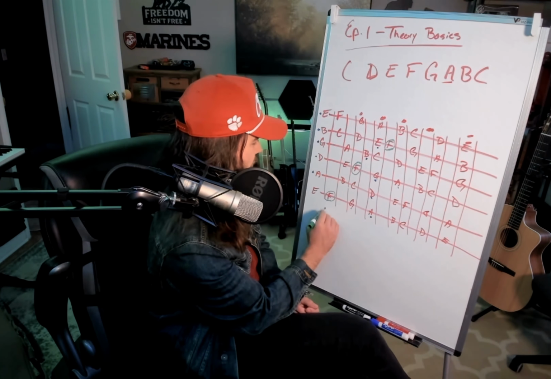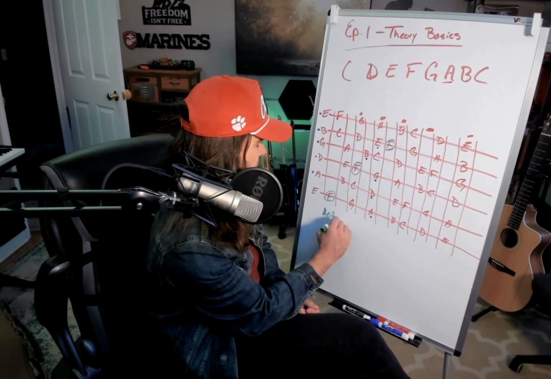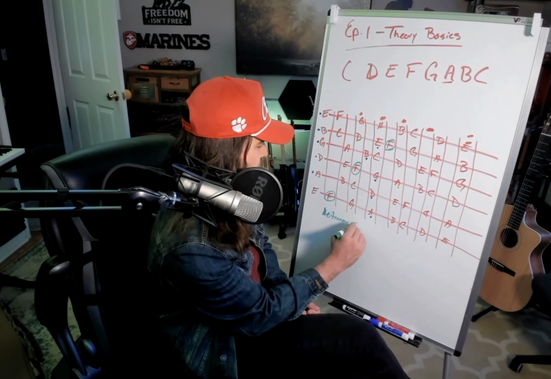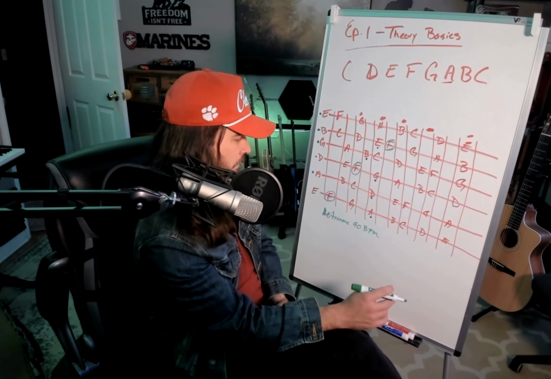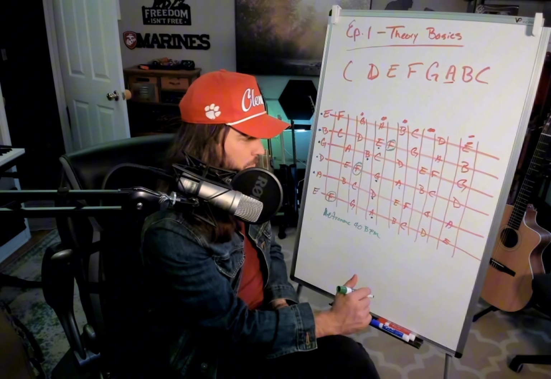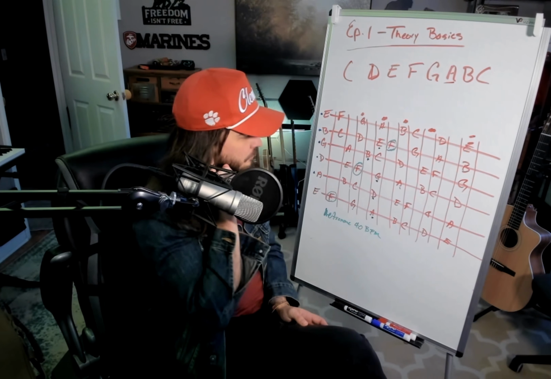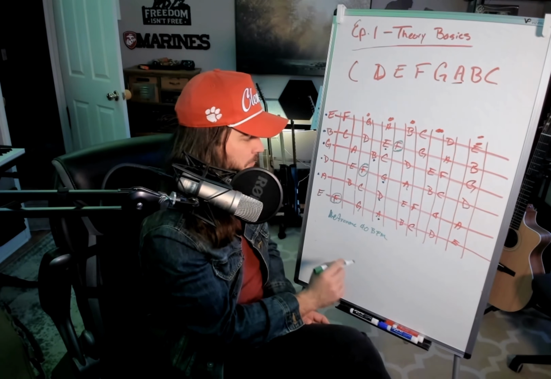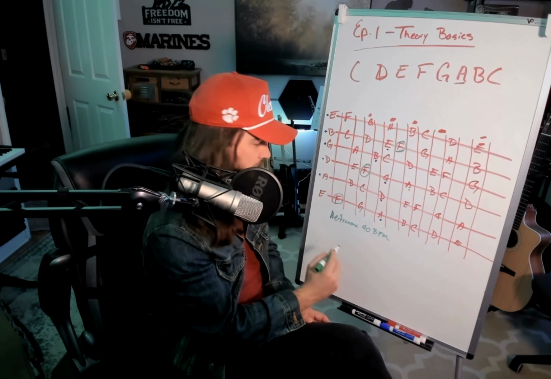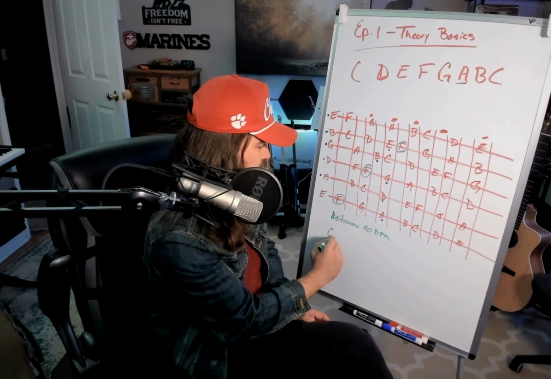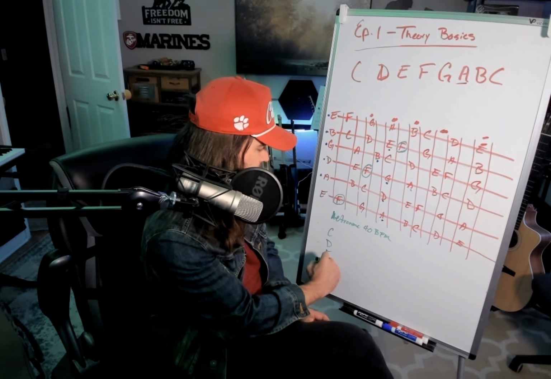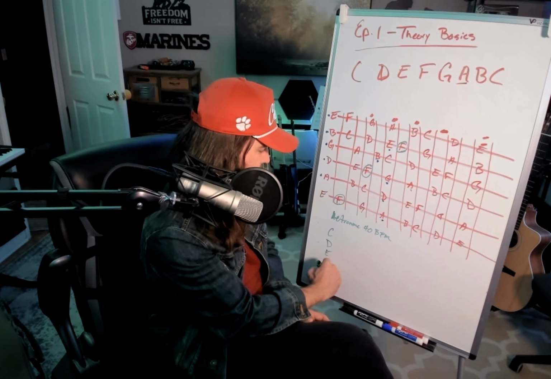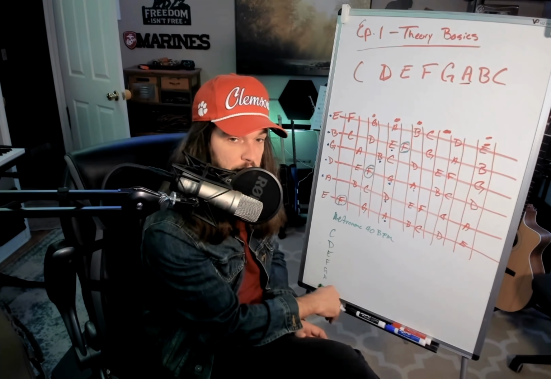What I want you to do is set a metronome to 40 BPM. Now, what I want you to do is go through and find each note in the major scale on the neck. So you'll find all the C's, then you'll do all the D's, then all the E's, your F's, your G's, your A, your B, etc., right?